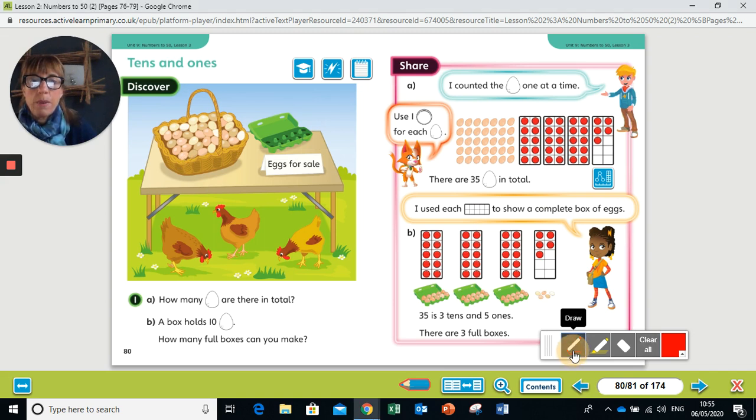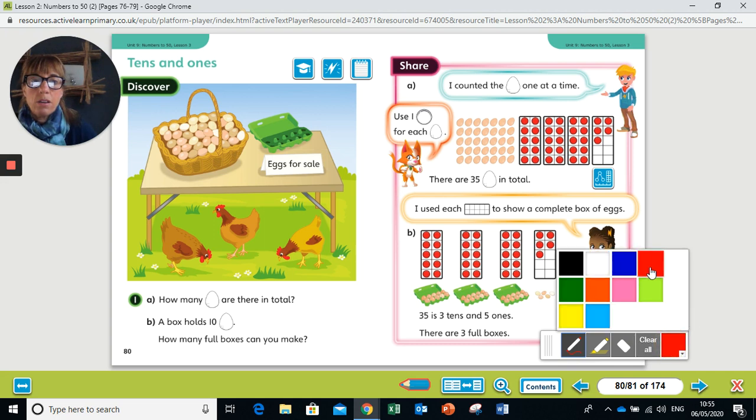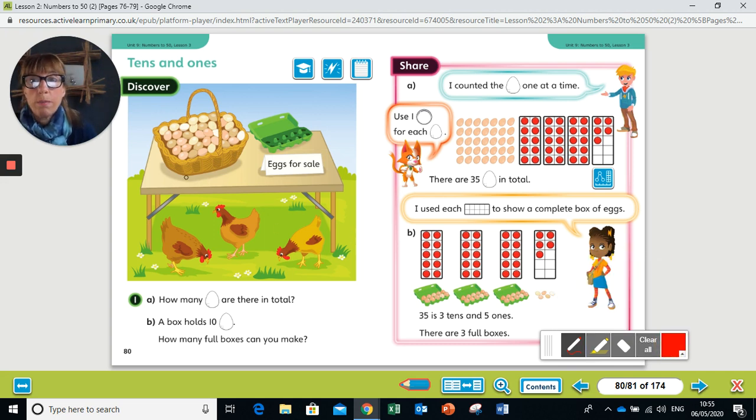So Miss Tate needs to get her pen ready. I'm going to use a red colour and I want you to help me count them because it's quite tricky.